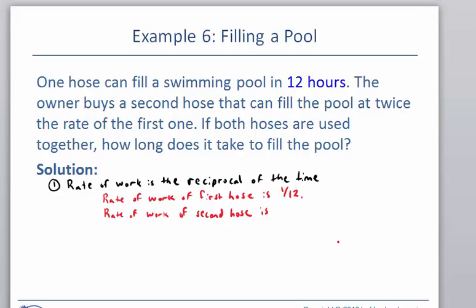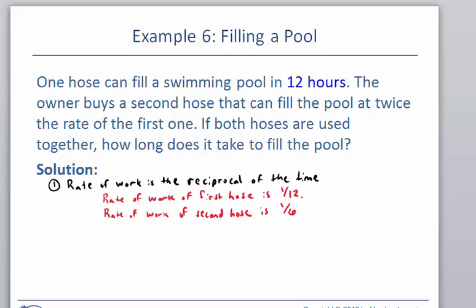The first hose fills the pool in 12 hours. The second hose fills it faster, at twice the rate of the first one. So if it fills twice as fast, it will do it in 6 hours. And so the rate of work is going to be 1/6 for the second hose.